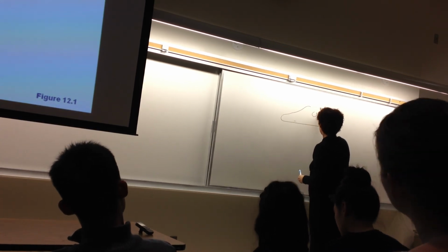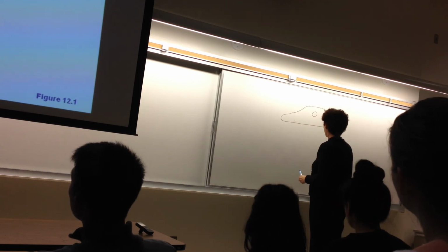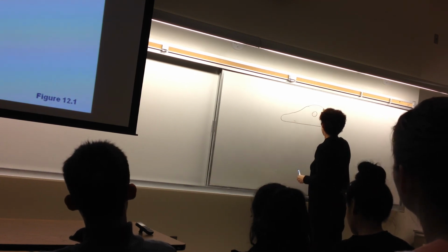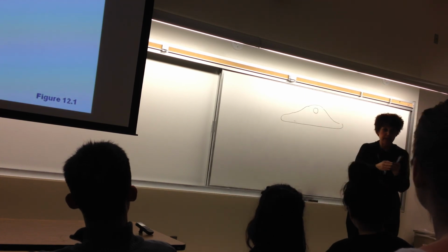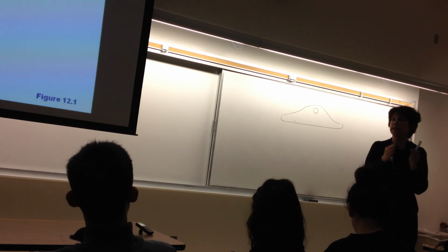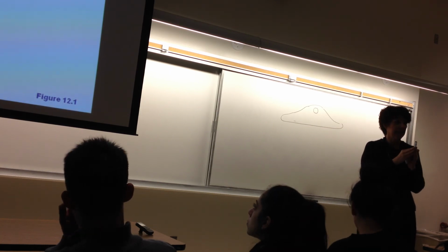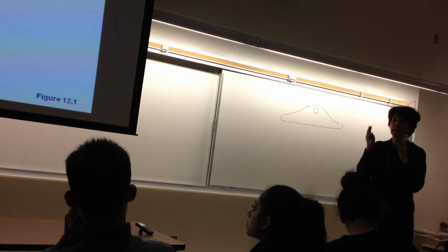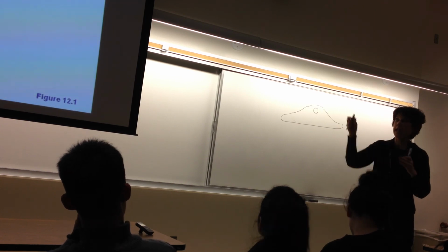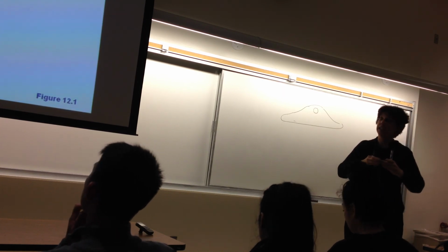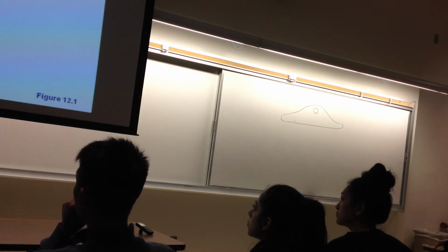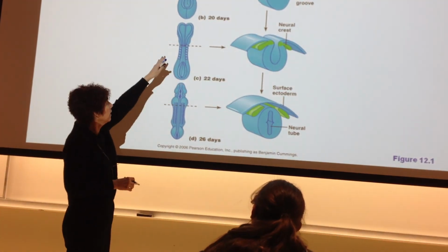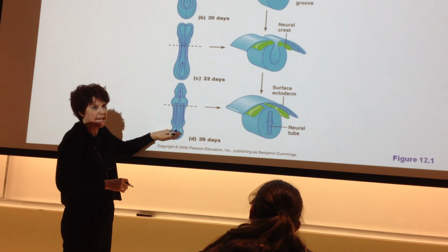Within that groove, it closes over at the top. And we talked about this a little bit when we talked about the lamina and the spinous processes of our vertebrae fusing. If they don't fuse, we have a condition known as spina bifida. So in the most severe form, the neural tube itself doesn't fuse, because you can see it starts to close kind of in the middle, and it moves towards the head and towards the tailbone as it closes, usually closing off first at the head region and last at the tail region.